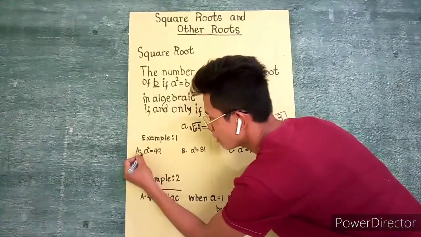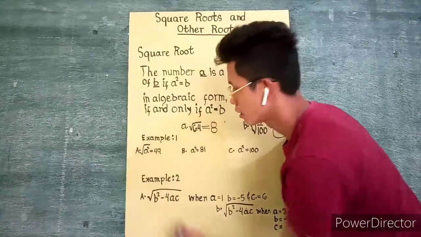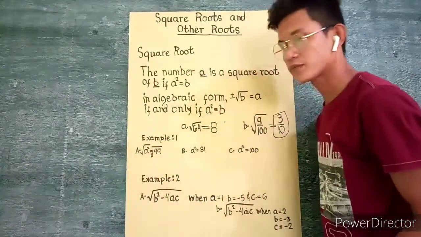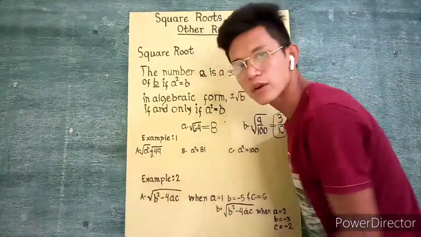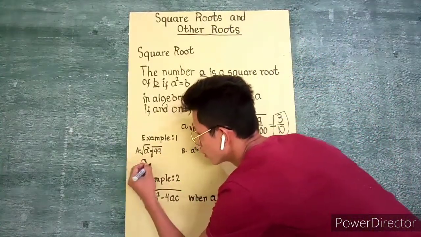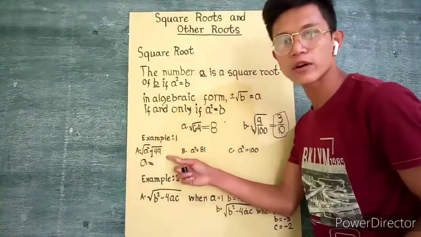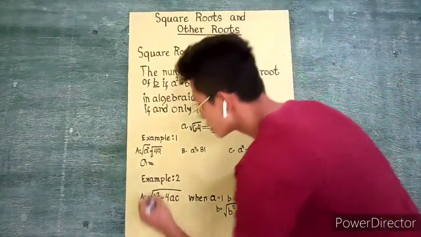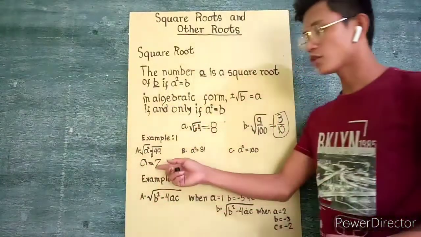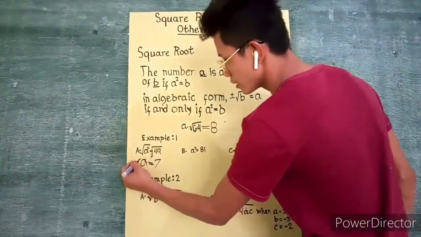So it will become the square root of A squared and the square root of 49. What is the square root of A squared? It is A, equals, what is the square root of 49? It is 7. Okay. So that is the final answer for this example.